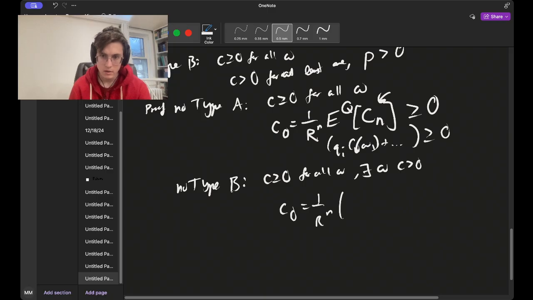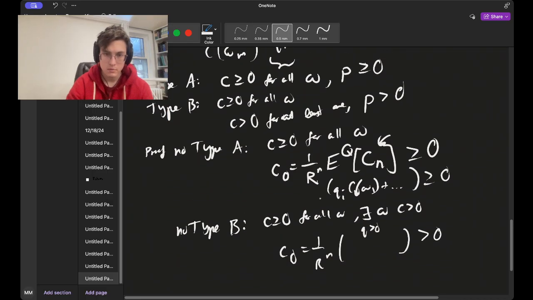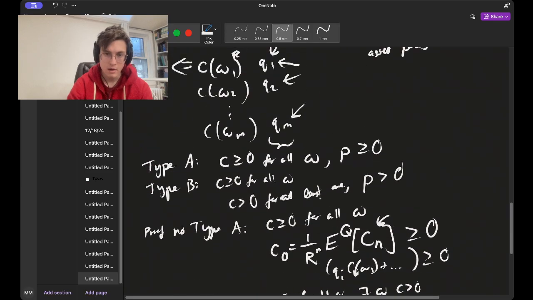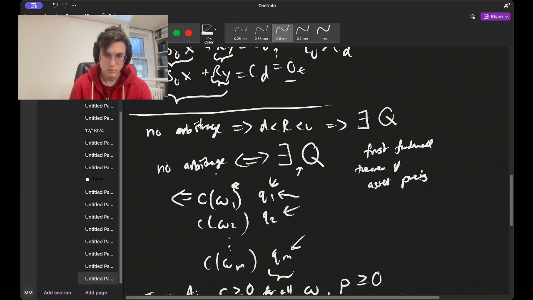Since one of the payouts is greater than 0, and the Q for that state is greater than 0, the price of the option should be greater than 0. So that proves that there is no type A and no type B arbitrage, which proves our statement in this direction.